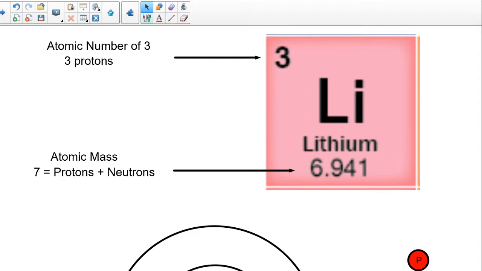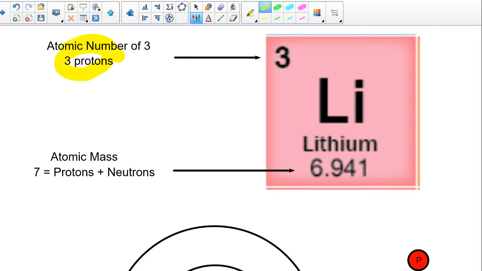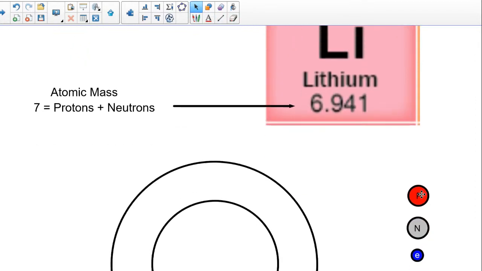Starting with the protons, we've got 3 protons. So therefore, we're going to drag 3 of those to the center. Now, let's look at the number of neutrons. Well, the atomic mass says that it's 7.